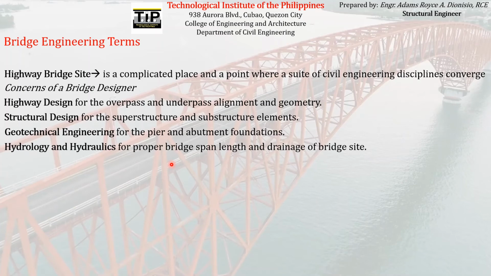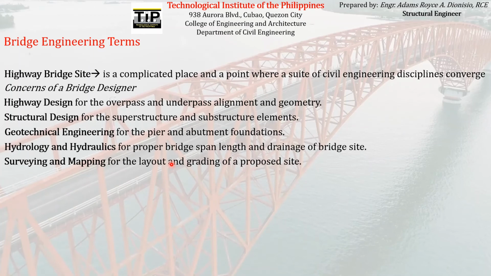If the bridge has no proper drainage, ponding of water might occur. Therefore, a bridge designer must provide adequate drainage for the bridge site so that there will be no additional load to be carried by our bridge structure.